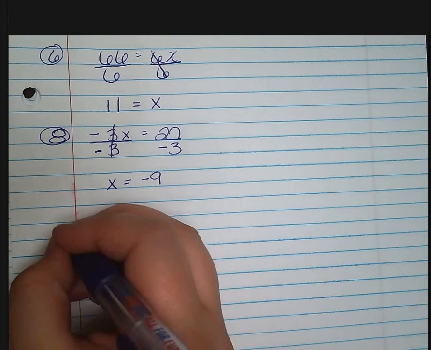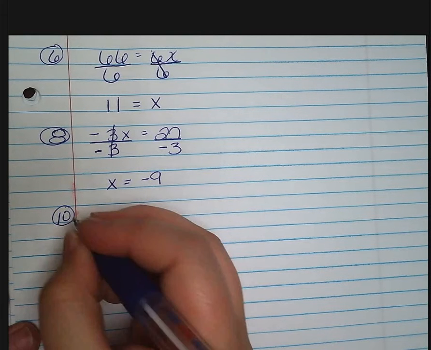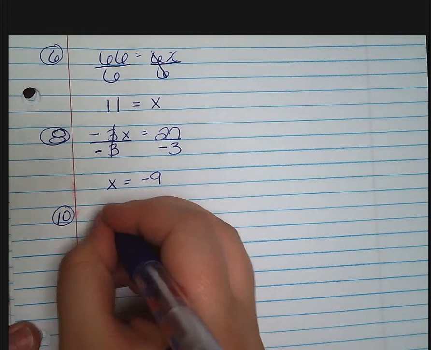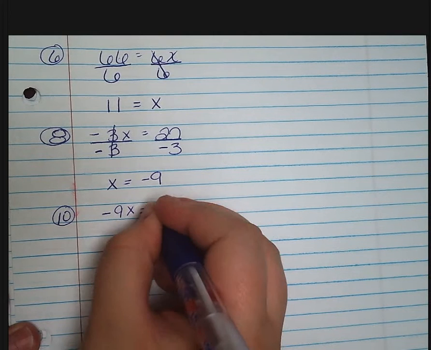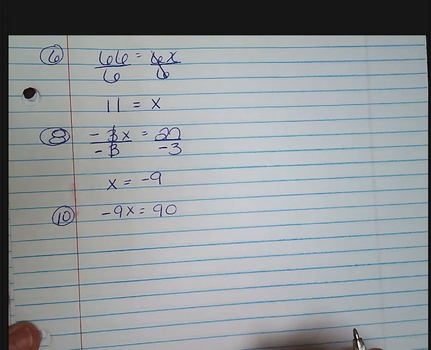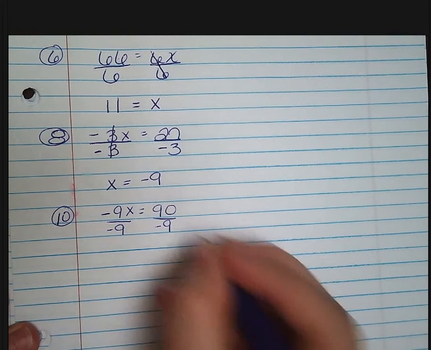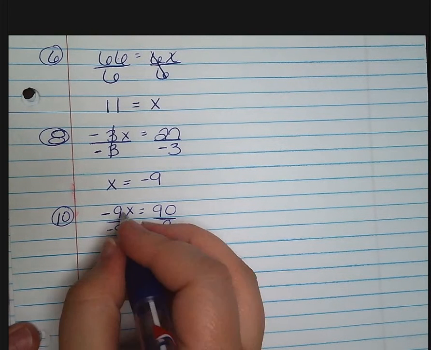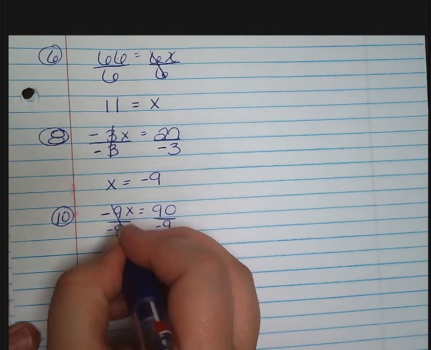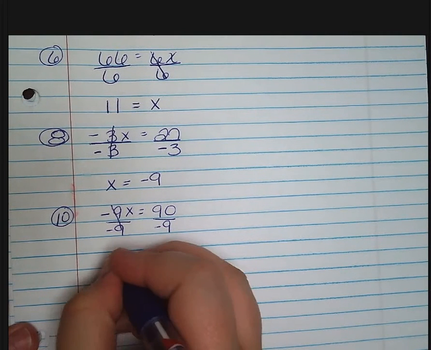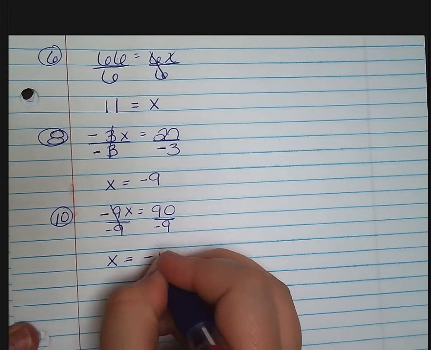Number 10, we have negative 9x equals 90. And we're going to divide both sides by negative 9. Remember, we want to divide by a negative to make this x positive. So it's going to give us x equals negative 10.